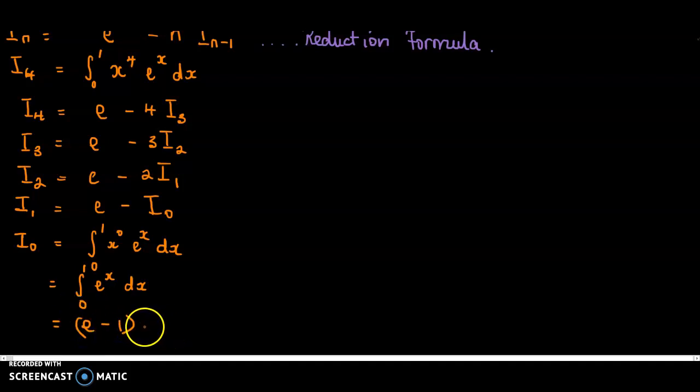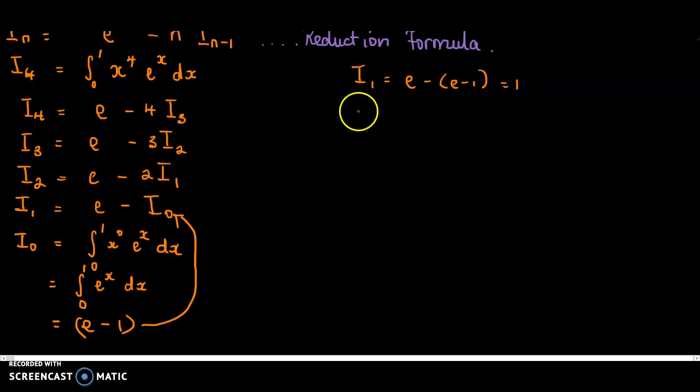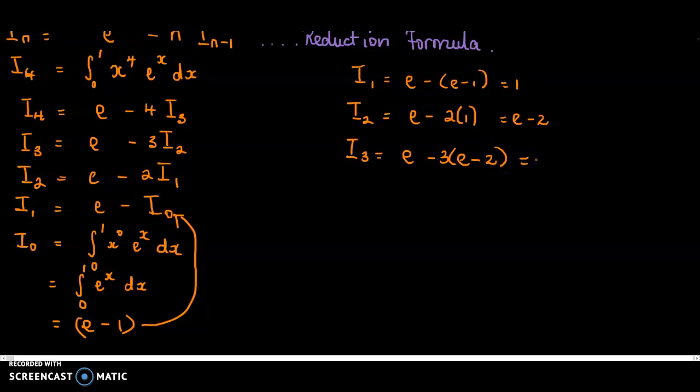So what we're going to do now is to substitute for I0 into the formula for I1. So I1 is equal to e minus 1, which will give us 1. I2 now is e minus 2 times I1, which is e minus 2. I3 is equal to e minus 3 times I2, which is e minus 2.